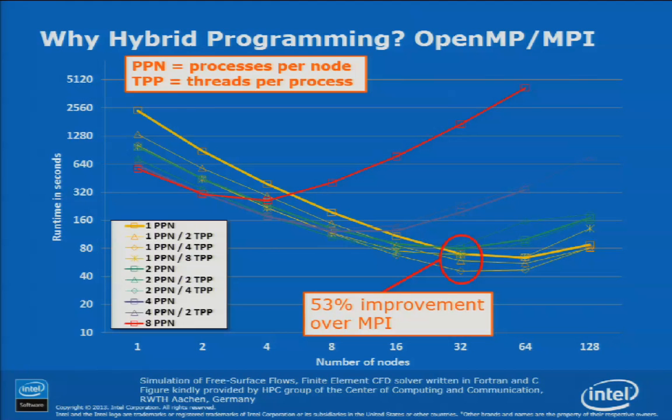Because they just avoided copying data back and forth between the local memories of the computer and all the MPI overhead. So hybrid programming could be a good solution for your workload as well. Use MPI for the internode level parallelism and OpenMP for the intranode level parallelism.